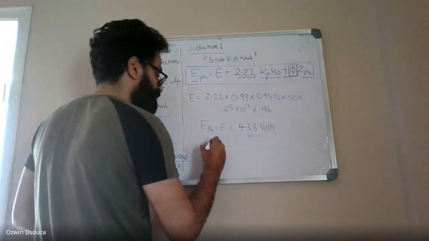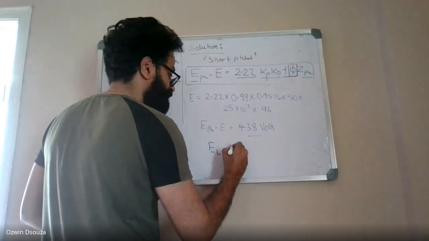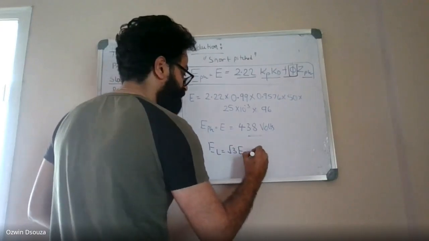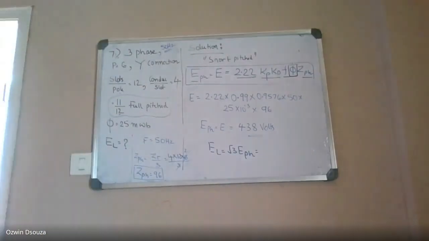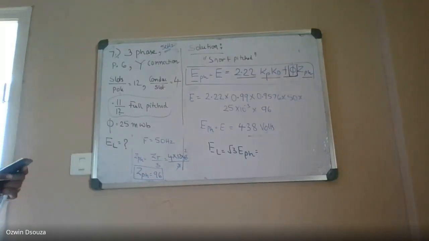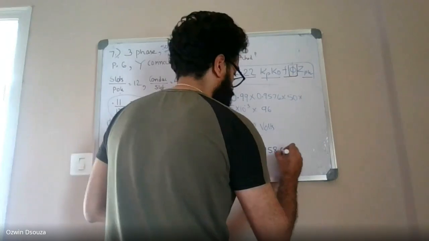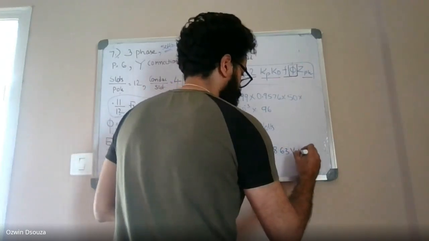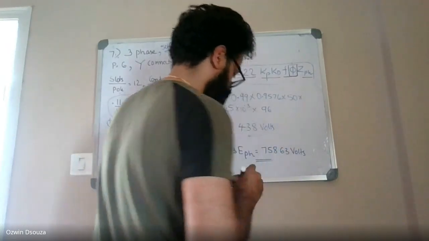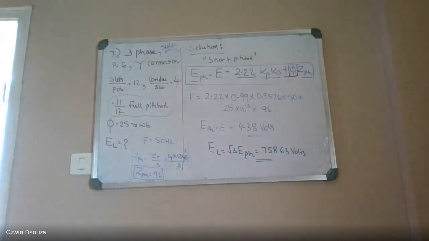So line voltage is root 3 times phase voltage. You can just multiply 438 with root 3, about 758.63 volts.